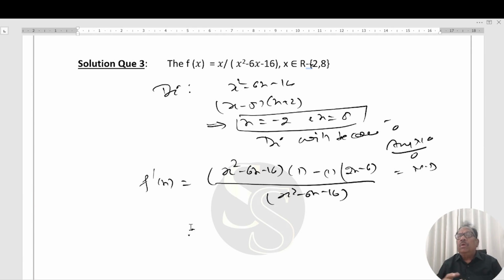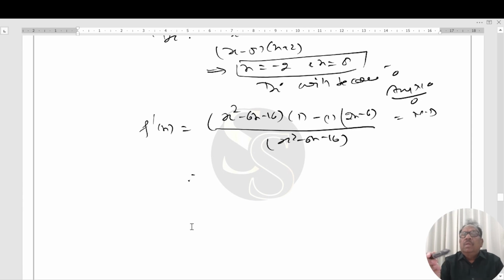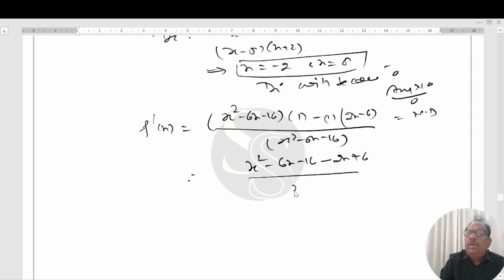Right? Simplifying it, x square minus 6x minus 16 minus 2x plus 6, divided by x square minus 6x minus 16 whole square.